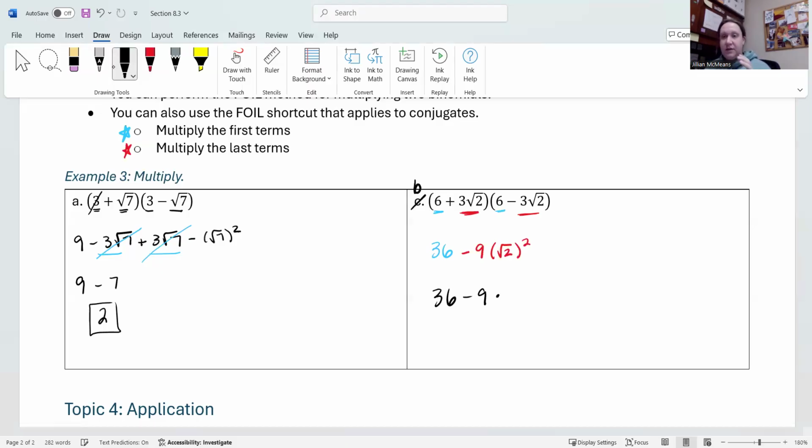And then you have to understand that the square root of 2 squared, when you square a square root, they just unravel each other. So you're just left with the radicand. So I really just get 9 times 2. So I have 36 minus 18, which is 18. So when you multiply those conjugate pairs, things simplify down very beautifully, okay? So you're going to be left with a really nice integer value.